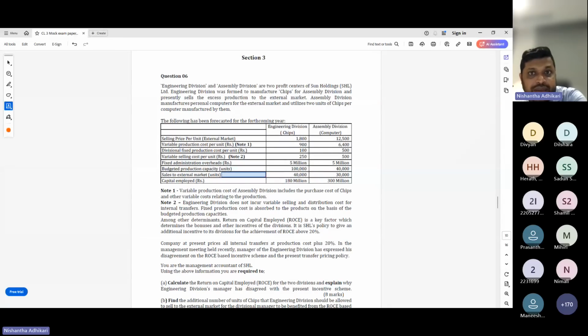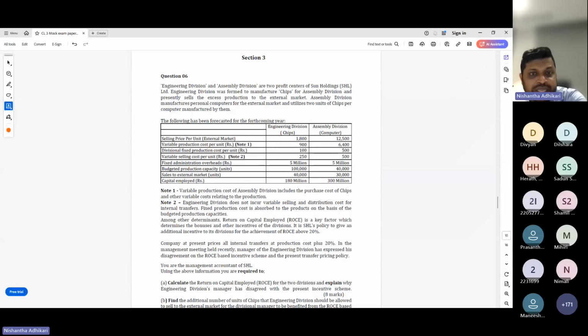Right, okay. And for engineering, you can look at the selling price given in the external market. Variable production cost, note number 1, is 906,400. It says variable production cost of assembly division includes the purchase cost of chips and other variable costs related to the production. That means this includes the internal transfer price as well. Divisional fixed production cost per unit is 100 and 500. Variable selling cost, note number 2, is 250 and 500.